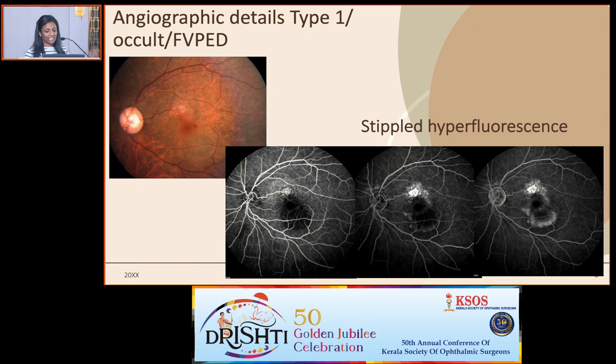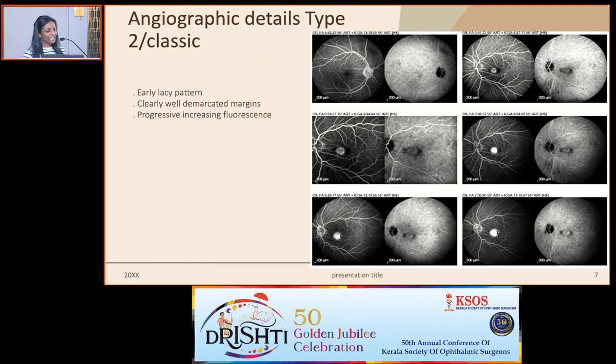Or there is another presentation that is late leakage of an undetermined source, that is LLUS, often presenting as a speckled hyperfluorescence with subretinal pooling of the dye. But the second type, the classic, is entirely different from that of the type 1. You can see an early lacy pattern and a clearly well demarcated margin, increasing in intensity with leakage during the mid and the late phases.